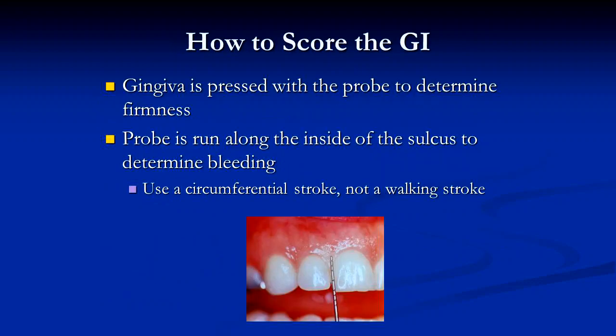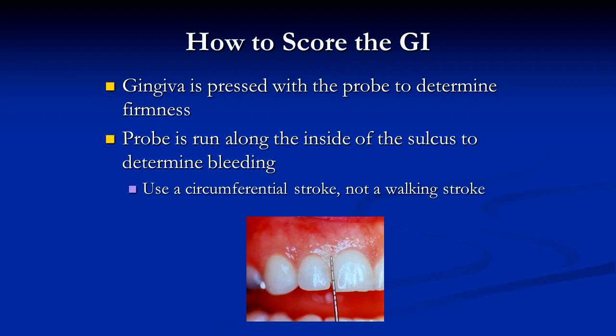So how you score the gingival index is a little bit different than what most people would think. What you would do is press the gingiva with the probe to determine how firm it is or how squishy it is. And then you insert the probe about 1 to 2 millimeters deep, and you run the probe along the inside of the sulcus.